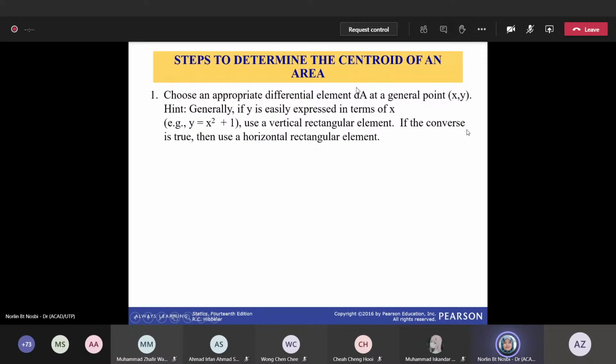If the question asks you for the centroid of volume, then you need to change it to the differential element of volume, so it will be dV. So for area, the point must be x and y.